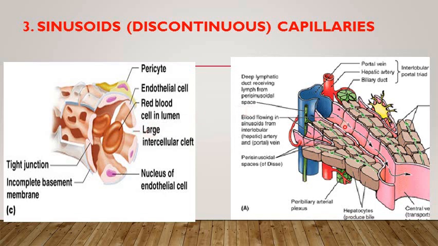Mostly, as I have told you, this is in the lymphoid organs like the lymph node, the spleen, the bone marrow, and here in the liver. This is the structure of a liver.